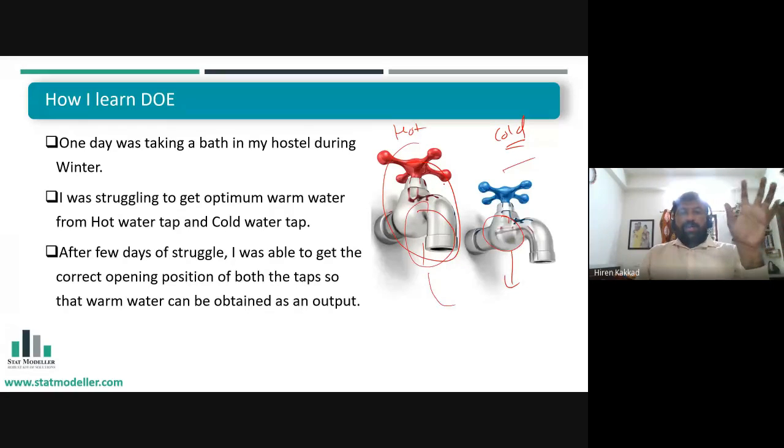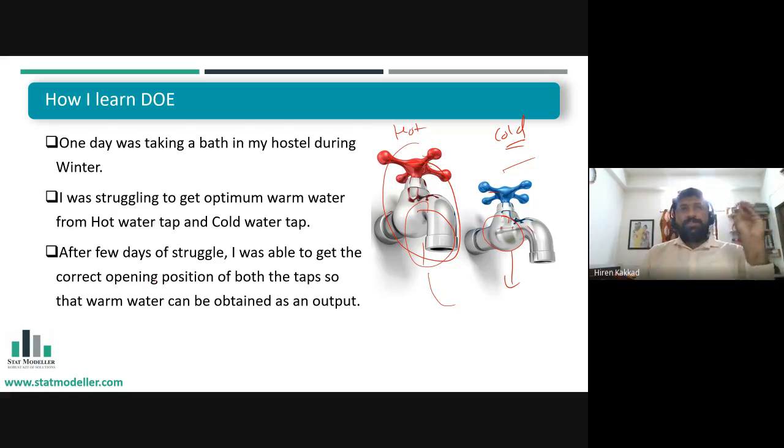Now I struggled to adjust all those points, like I opened this a little, opened that a little, and the balance was not made. Then I opened this a bit more, and it became too hot, then I opened the other a bit more. So likewise I was adjusting and struggling to get the optimum warm water so that I could take a relaxed bath.